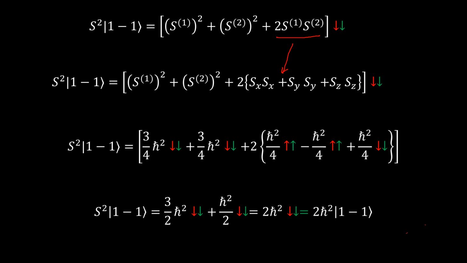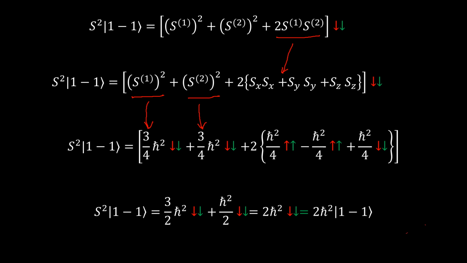So what will happen when S1 squared acts on this spin down, both are spin down, so it will not change the state vectors. So this will be simply 3/4 ħ squared spin down. Same thing is here as we have done earlier. So 3/4 ħ squared spin down.